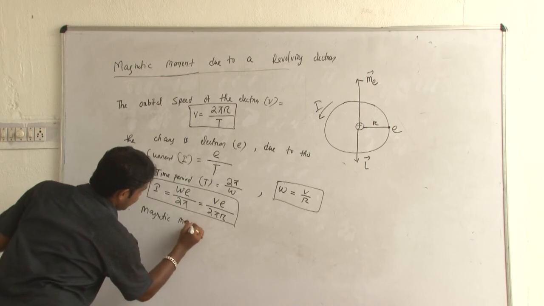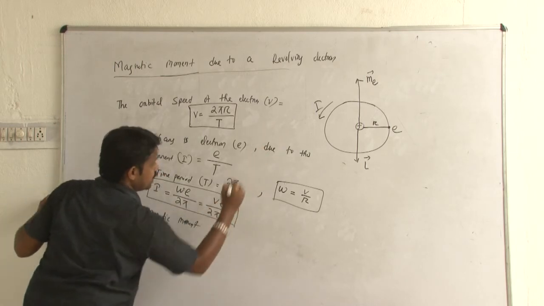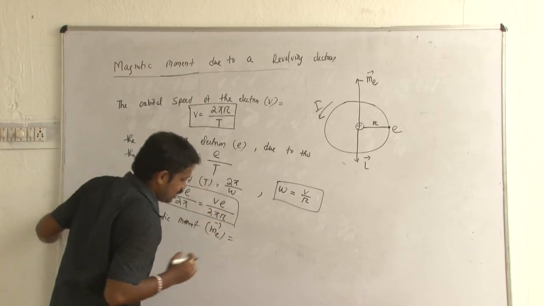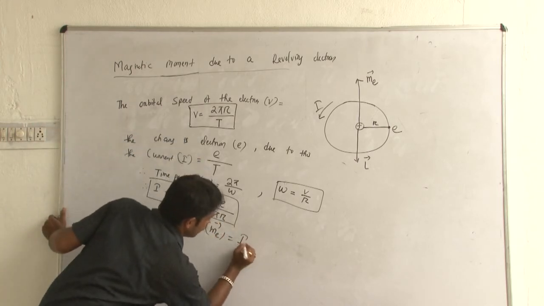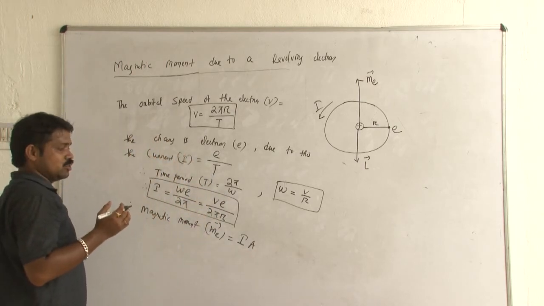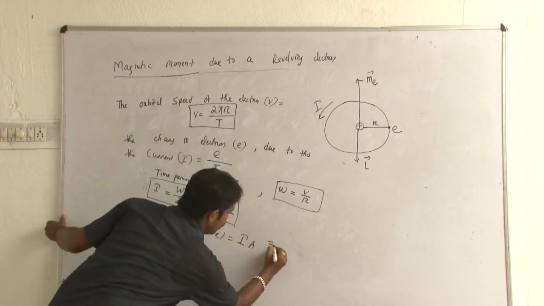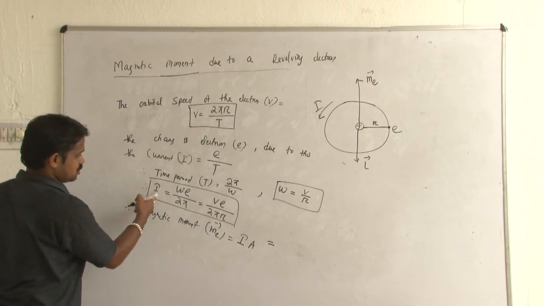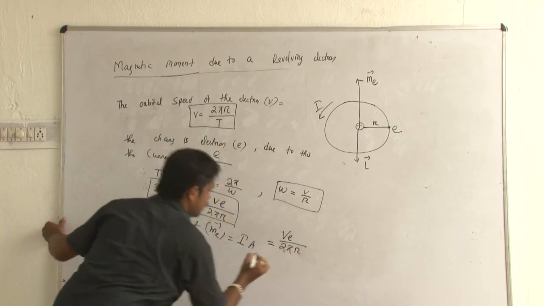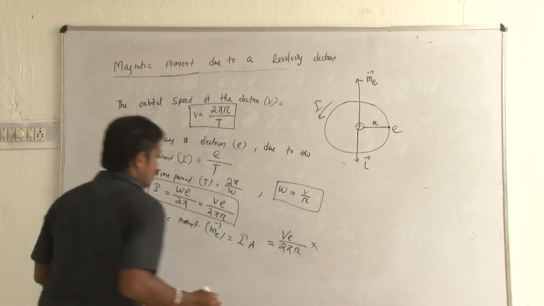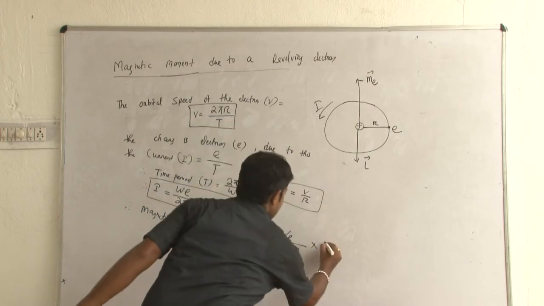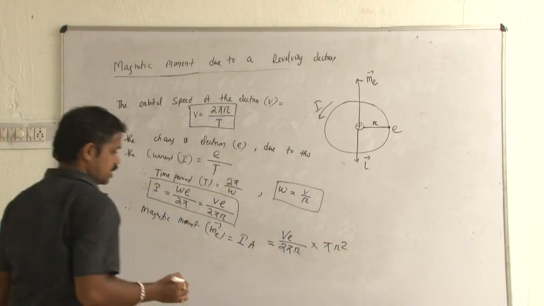The magnetic moment, I will denote it as M_e. The magnetic moment formula I already know: the current into the area, I into A. The current I have derived, that is v e divided by 2 pi r, and A is the area. The area of this path is pi r square.